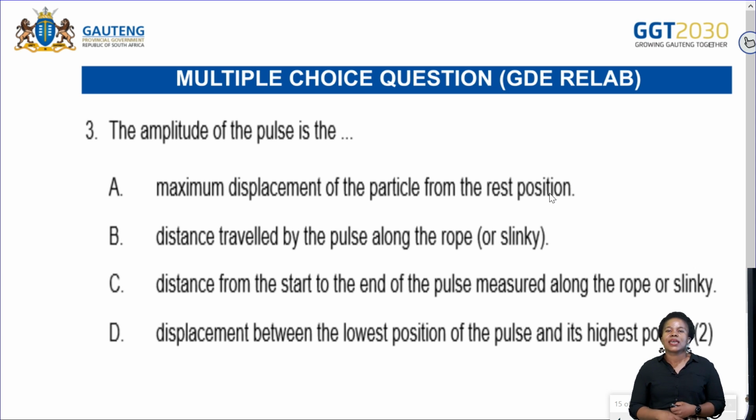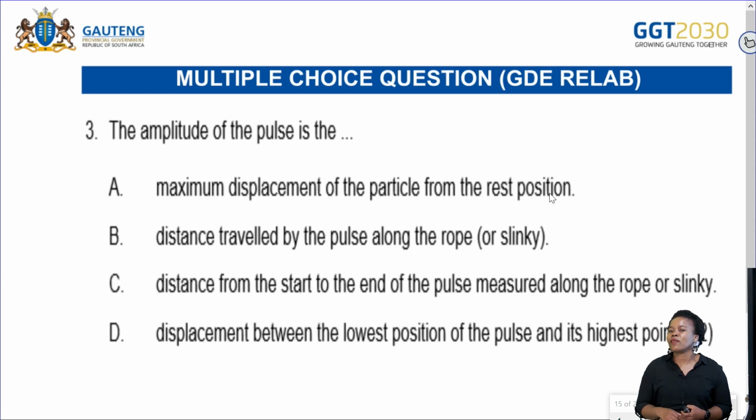Number 3, the amplitude of the pulse. And immediately what comes into your mind? Amplitude is the maximum displacement from the rest position. Now, as you're going through your options, you are looking for what is the same as what you're looking for. Option A, maximum displacement of the particle from the rest position.